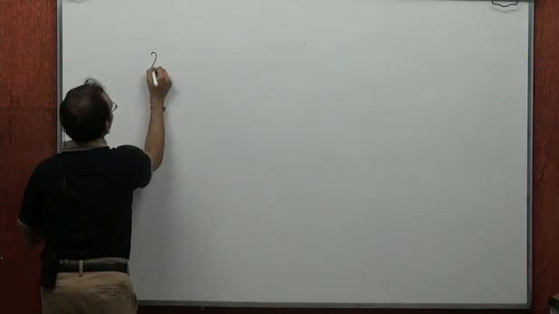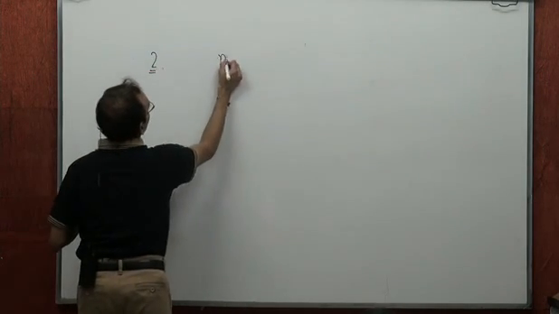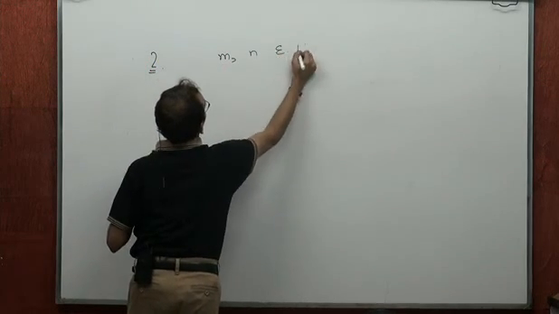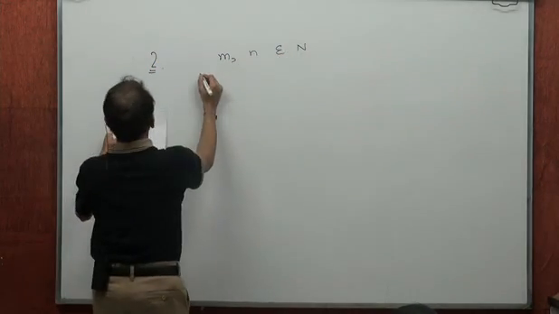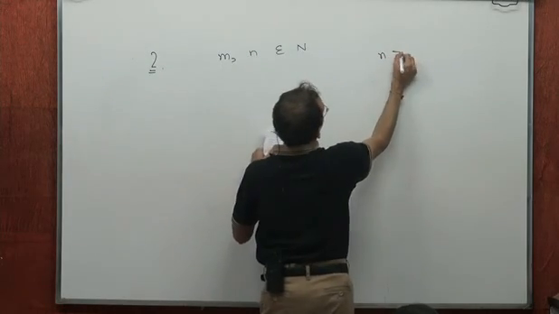So in problem 2, we are talking of two natural numbers m and n, where n is a natural number greater than 5.